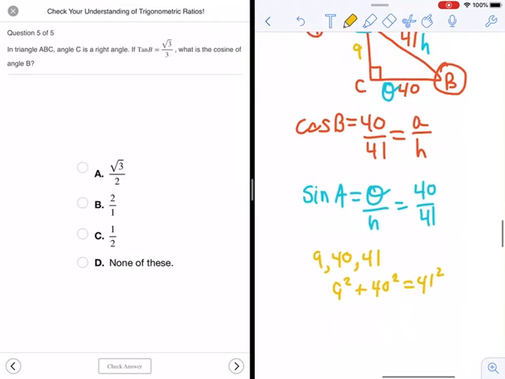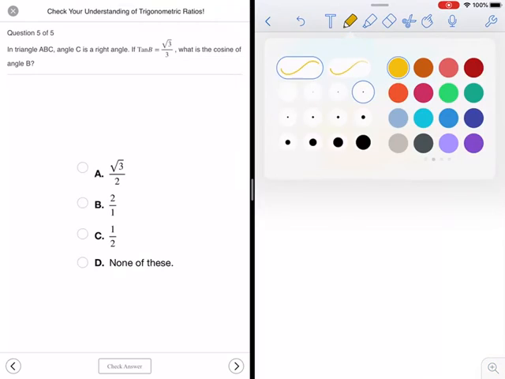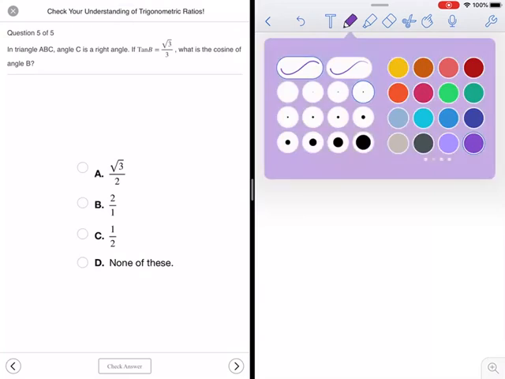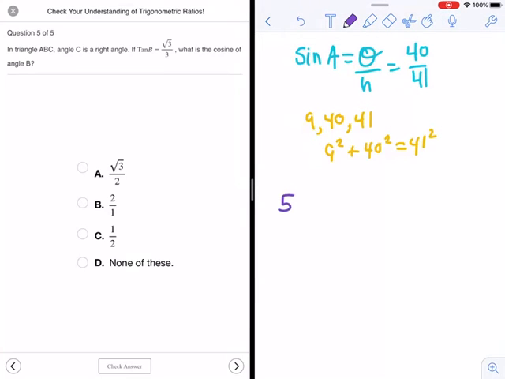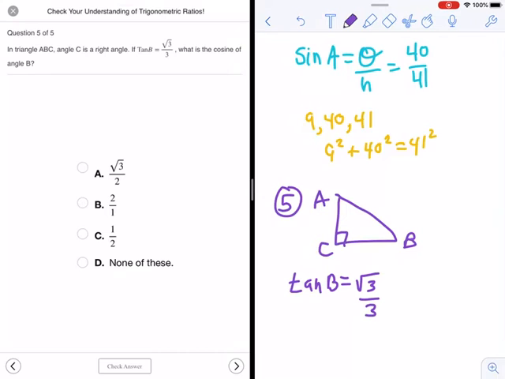Alright, and then the last problem, hopefully this one's not too challenging. We've done so much trig today. Number 5. Alright, again, we got some triangle, ABC. Alright, C is the right angle. Tangent of B. So tan B is radical 3 over 3, which is opposite over adjacent.